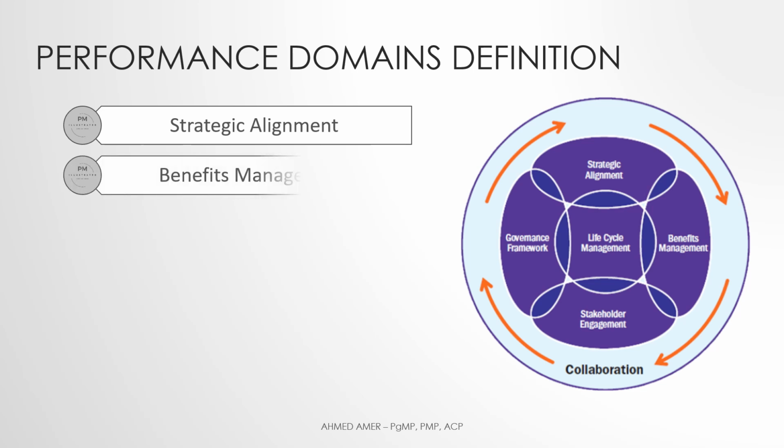The second domain is benefits management, another key domain as it perfectly integrates with the previous domain, as we define, create, optimize, validate, deliver, and sustain the benefits provided by the program. Again, we need to always ensure that the program benefits serve the organization's strategy.